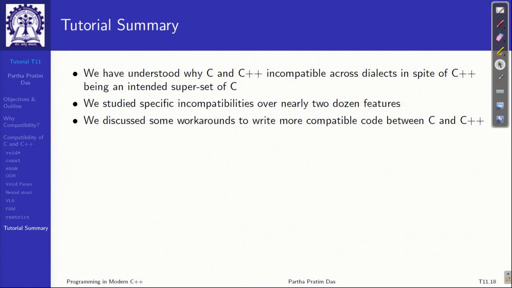So, to summarize, this is not exhaustive, but in this part of the tutorial I have tried to take you through the fact that though C and C++ are very closely related, there are some marginal to medium to severe incompatibilities across dialects of C and C++, which need to be clearly understood or at least studied when you want to do a mix of programs between C and C++, or you are trying to migrate a C program into C++ and so on, right.